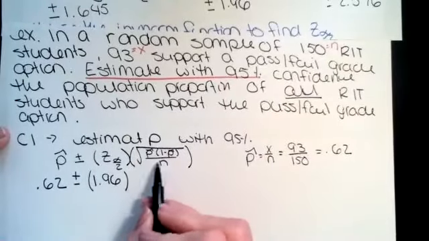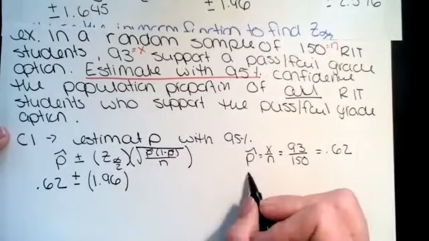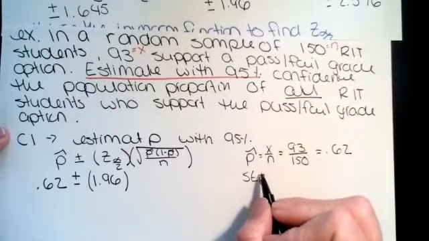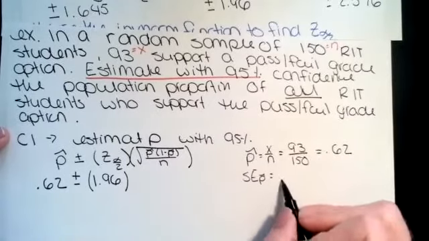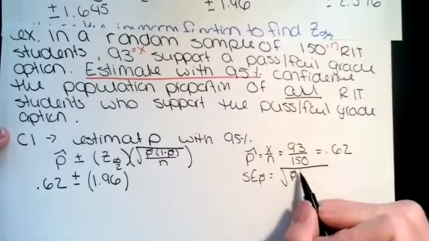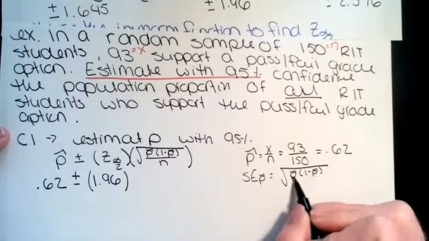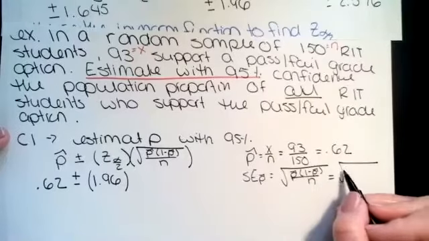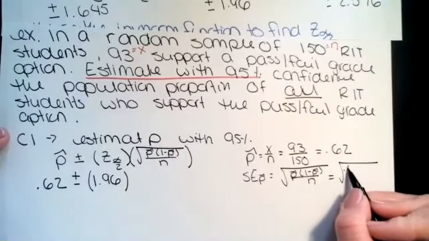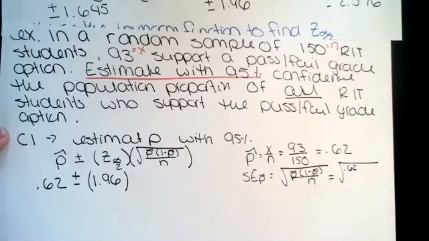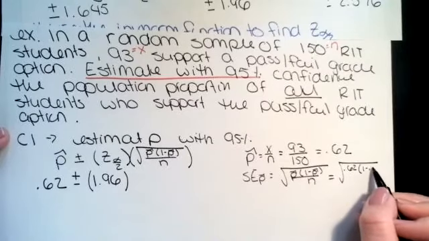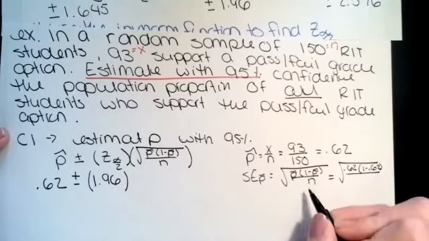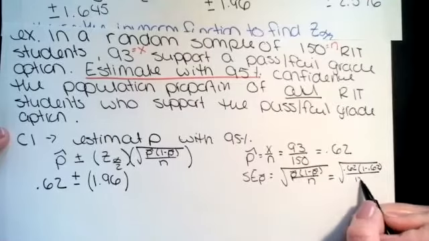Now my standard error. So my standard error of P hat is equal to the square root of P hat times 1 minus P hat over N. So I want to fill that in and find out what number this is. Remember, this is the spread in my standard error. So I'm going to use 0.62 in here, and then 1 minus 0.62, and then N was 150.